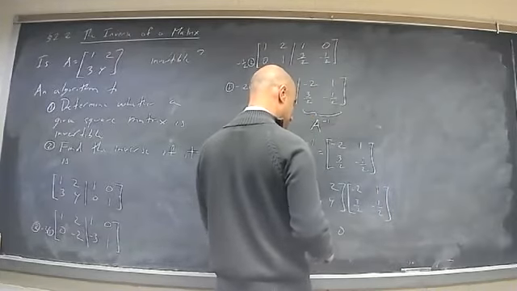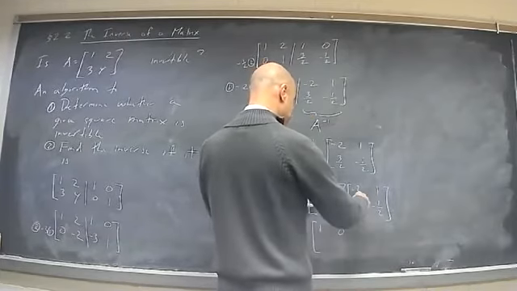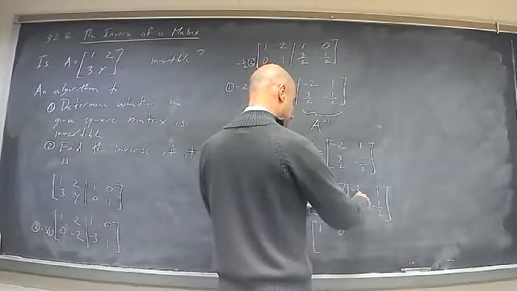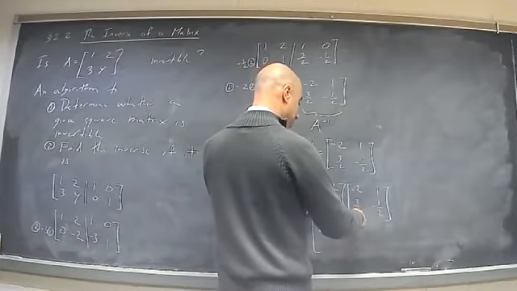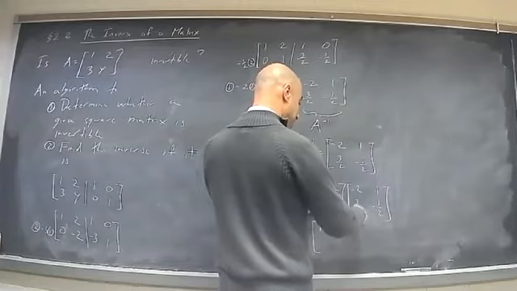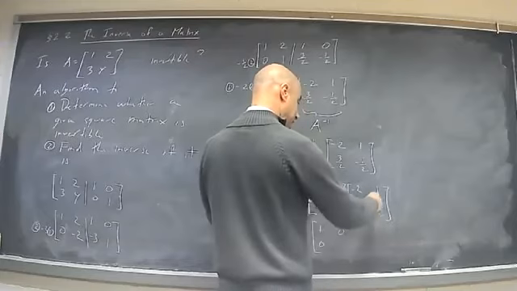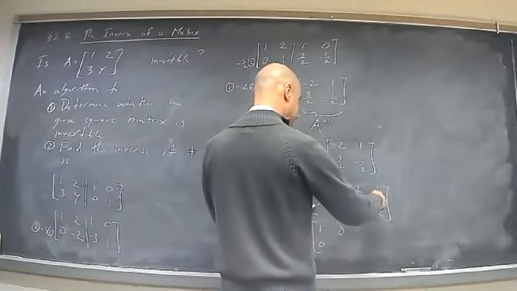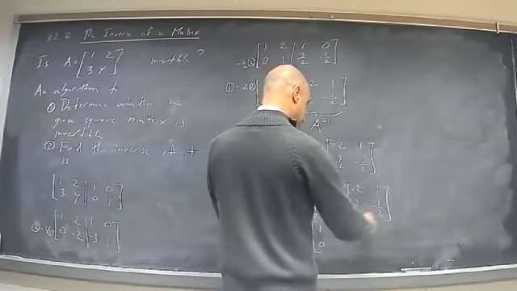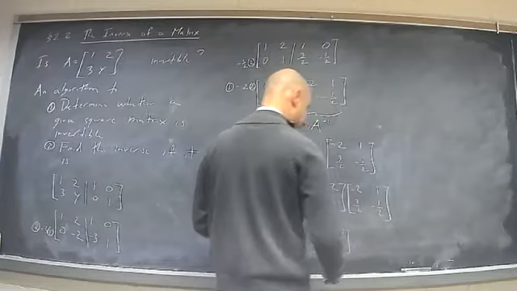Lower left-hand corner: 3 times -2 is -6. 4 times 3/2 is 6. So -6 plus 6 is 0. And 3 minus 2 is 1. So in that direction, it worked.